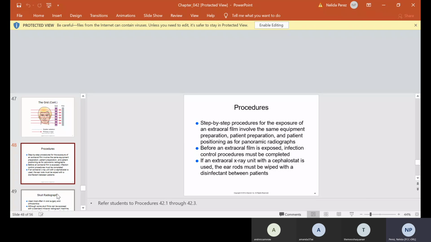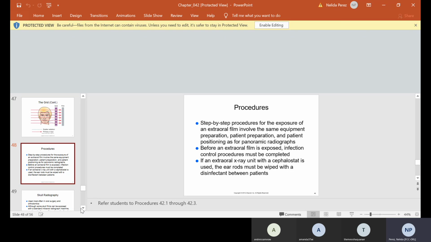Step-by-step procedures for the exposure of an extraoral film involve the same equipment preparation, patient preparation, and patient positioning as for panoramic radiographs. Before an extraoral film is exposed, infection control procedures must be completed. If an extraoral X-ray unit with a cephalostat is used, the ear rods must be wiped with a disinfectant between patients.